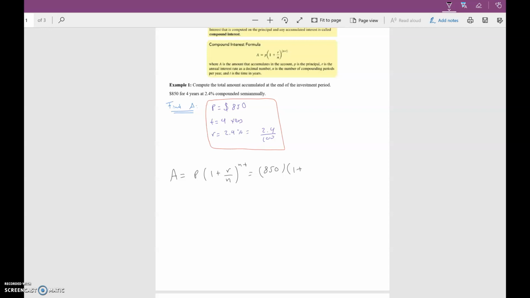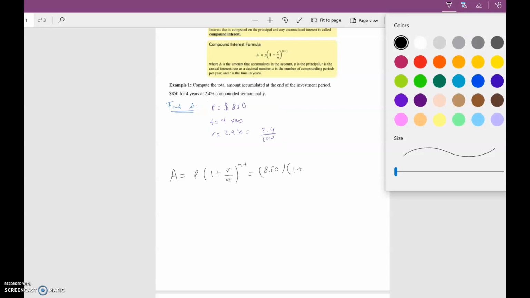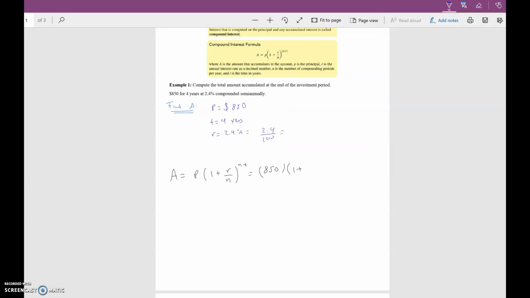This will be for the calculator. So let me go back to this portion, and this is just going to give us 0.024. This is so that it's easier for us to evaluate in the calculator.